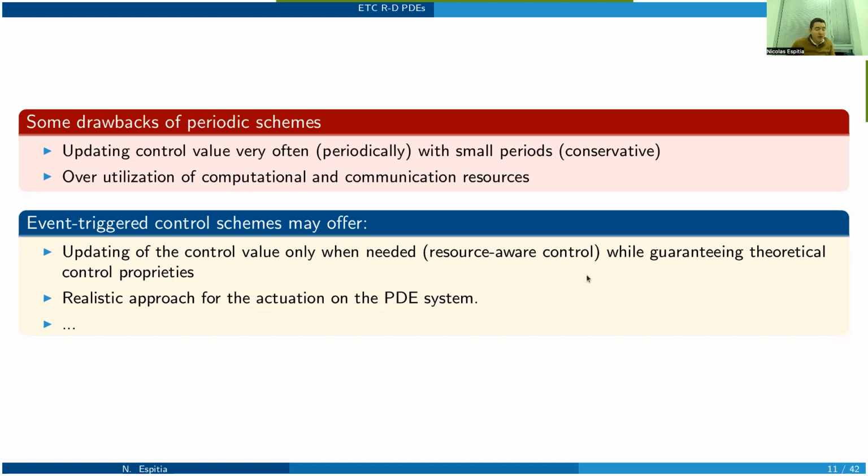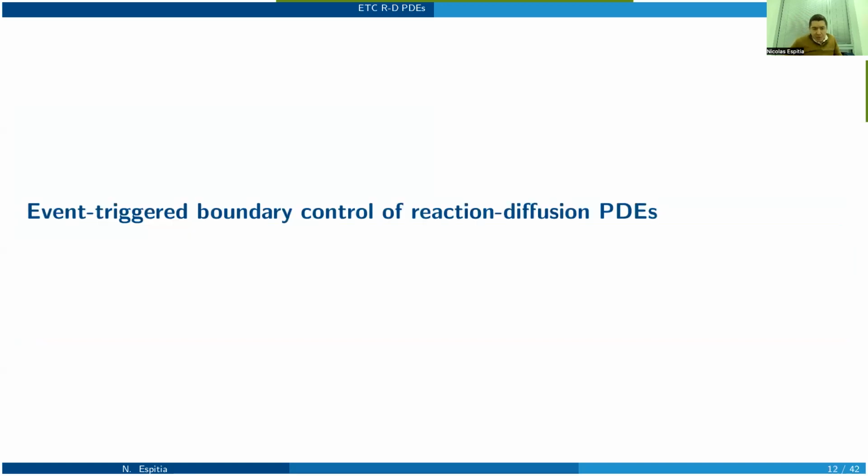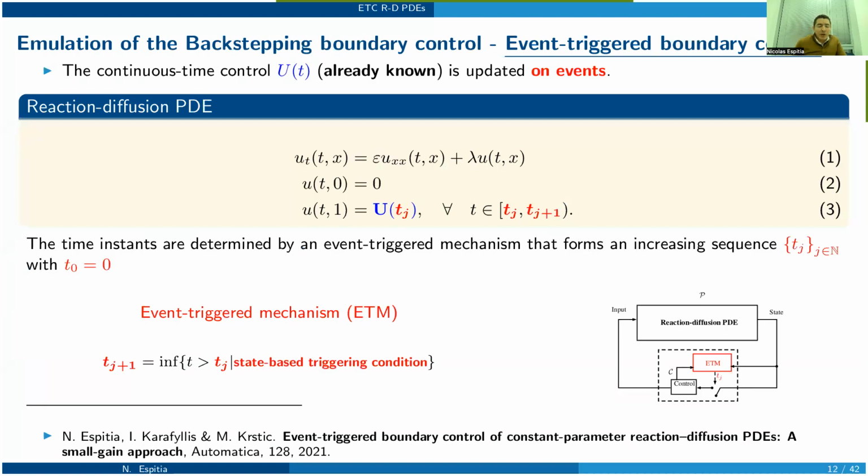And in my view, it represents a more realistic approach for the actuation of the PDE system, as I've been emphasizing during my talk. So, building in the same setting, we now want an event-triggered boundary control scheme. So now the control is updated on events.